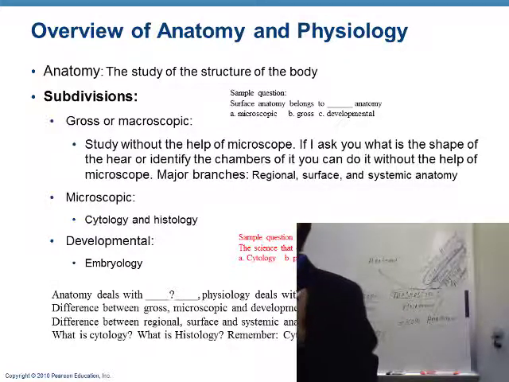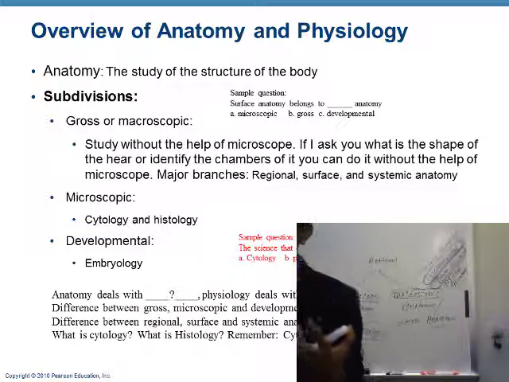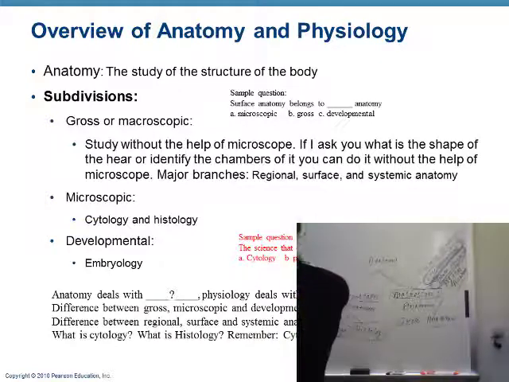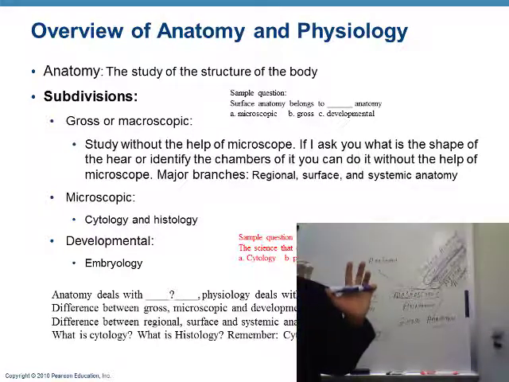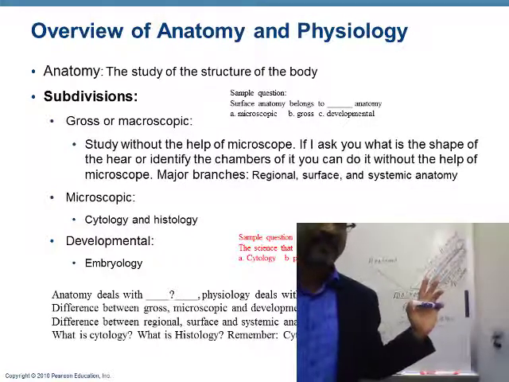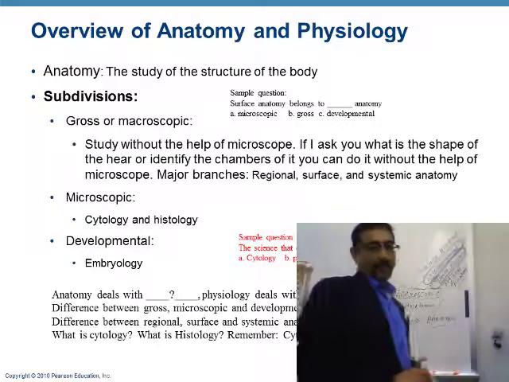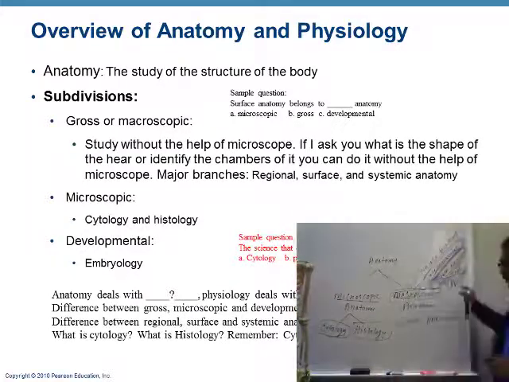If I only decide to study the cardiovascular system, the structure of the heart, the structure of the blood vessels, capillaries, make sense? So I am a system anatomist. Make sense? So, the study of individual systems, the structure of individual systems.